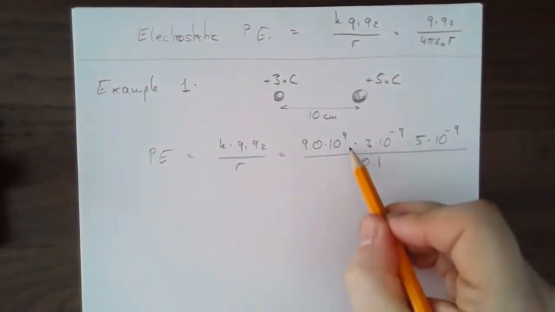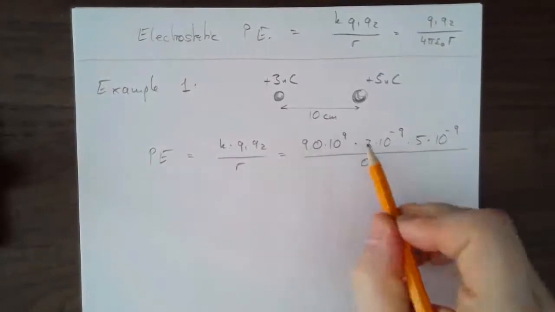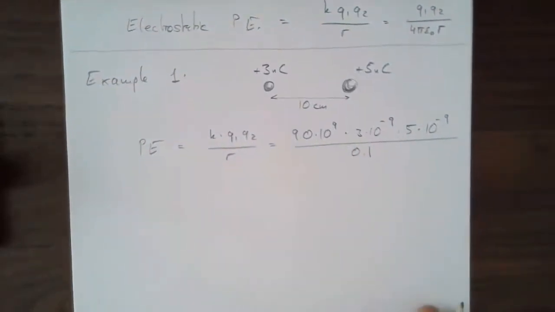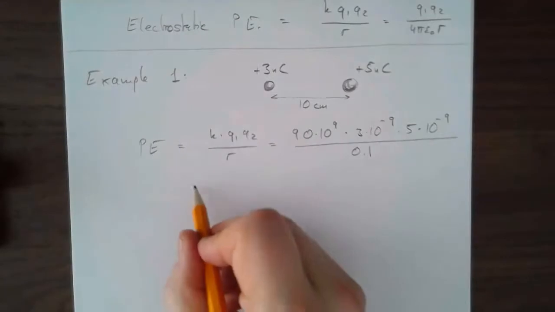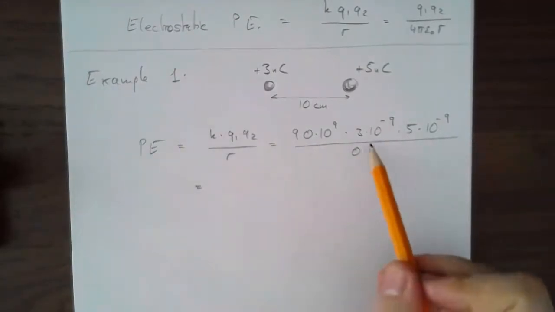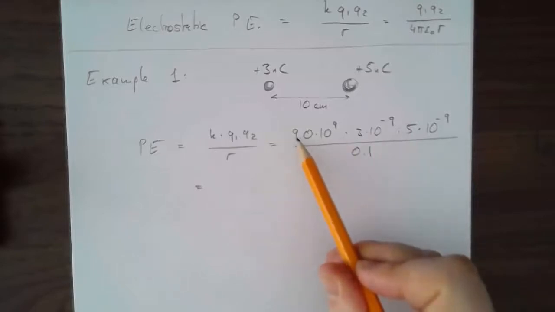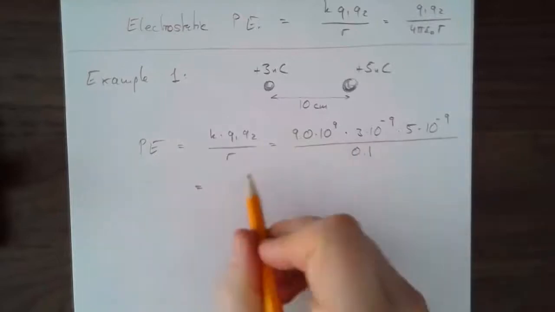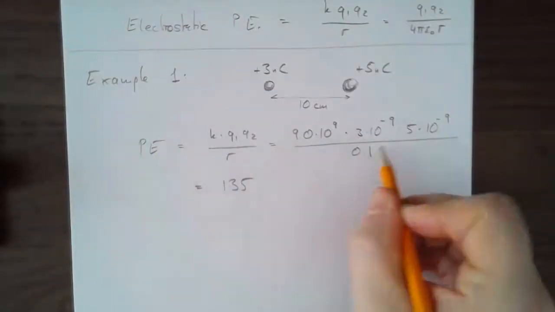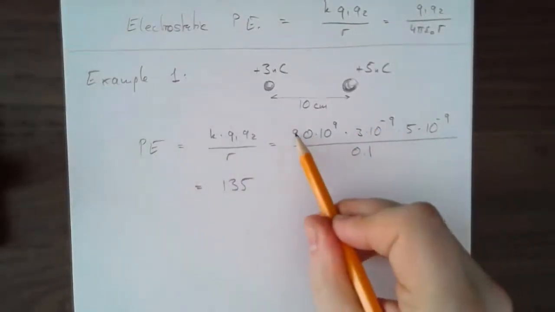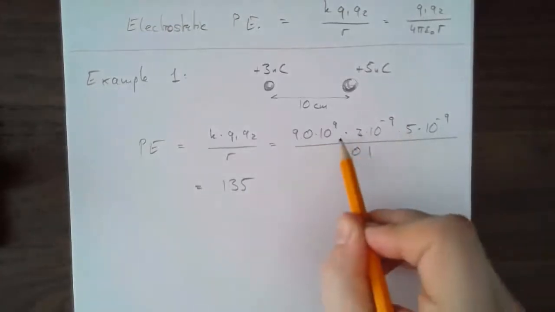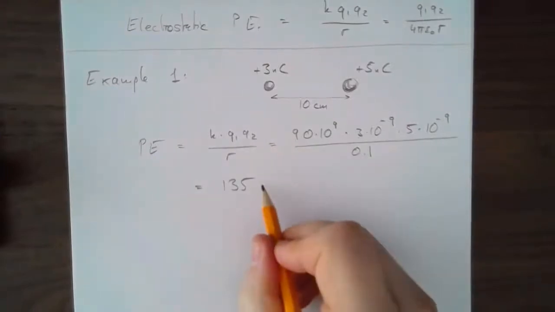I could have had all my units in here, but I know what they are, converted to the standard units. So now we just need to work out what that is. So 3 times 5 is 15, times 9 comes to 135. When I have this kind of expression with all the powers of 10, always work out just the numerical values, and then deal with the powers of 10 later.